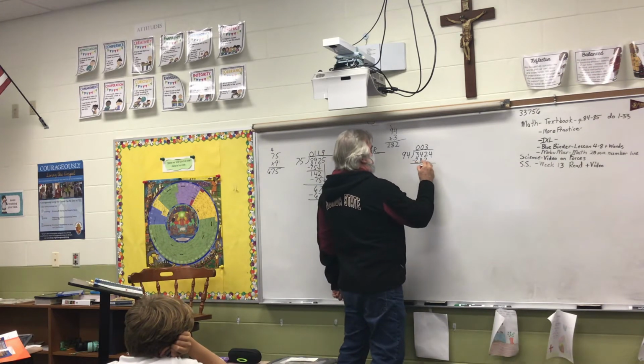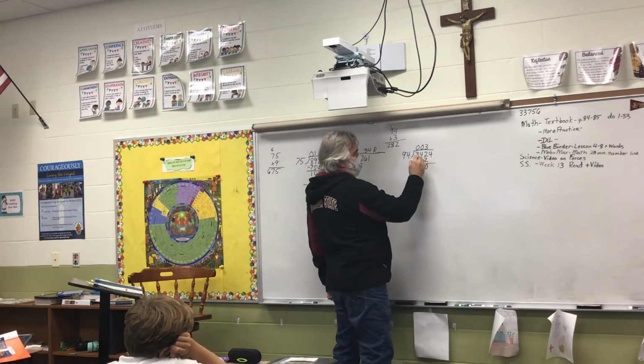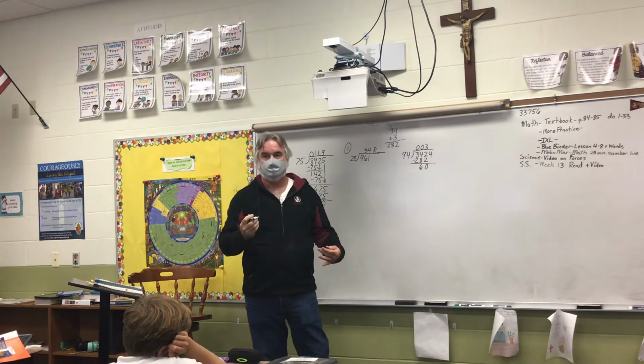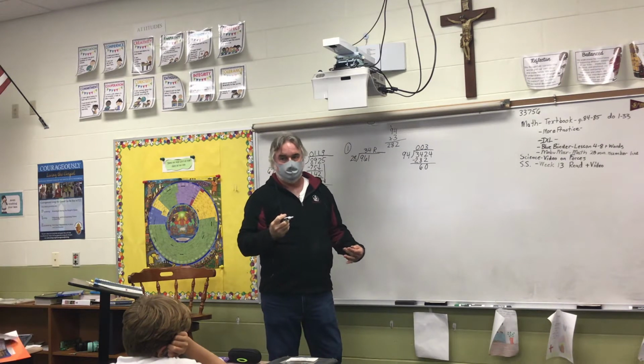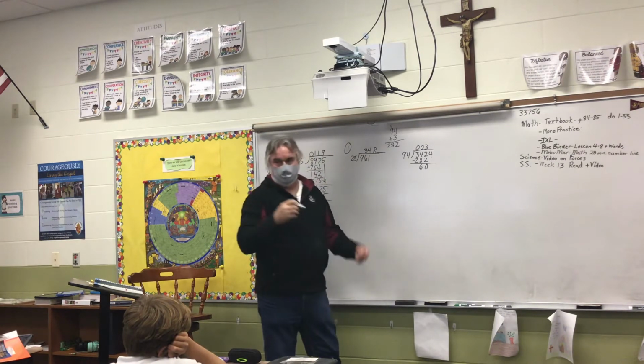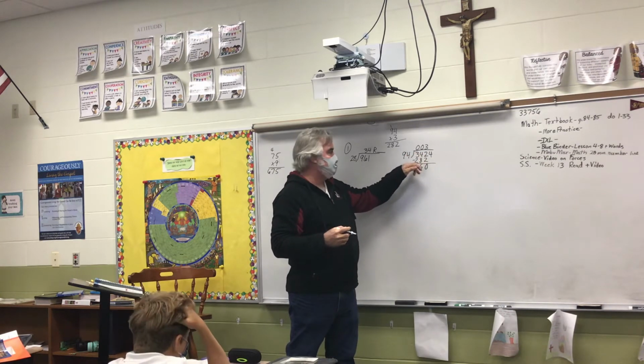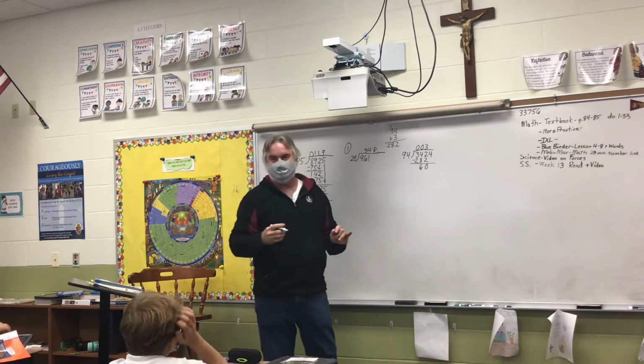Then I think I end up with 60. Because this is 0, and then I got 28 from 34, which is 6. Okay? It's 60. If you need to do the regrouping, this is a 2, this is a 14. 14 minus 8 is 6.